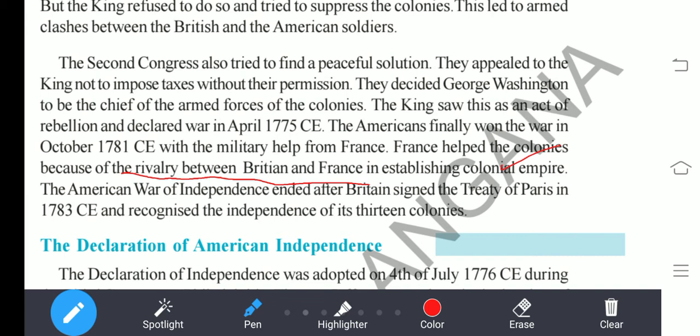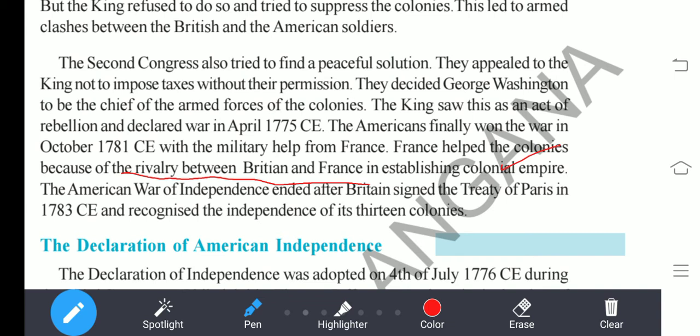Understand? That is called diplomacy. That means in politics we do not find permanent friends and permanent enemies. Depending on the situation and their mutual interest, they become enemies and also friends.